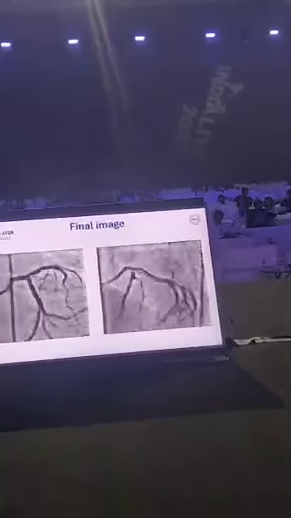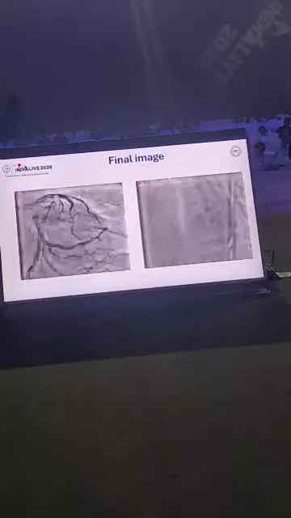So, these are the two branches, one is provisional and one is two-stage strategy.